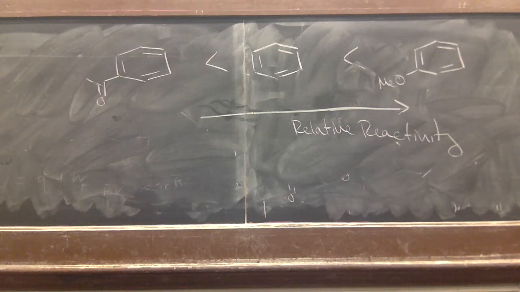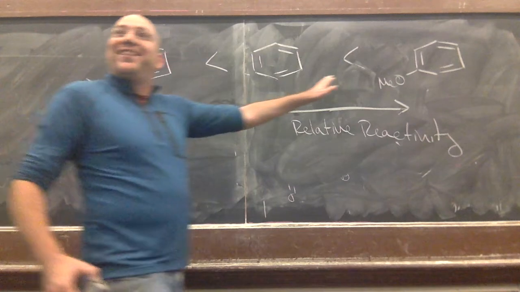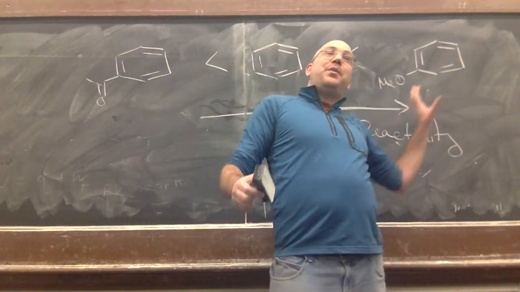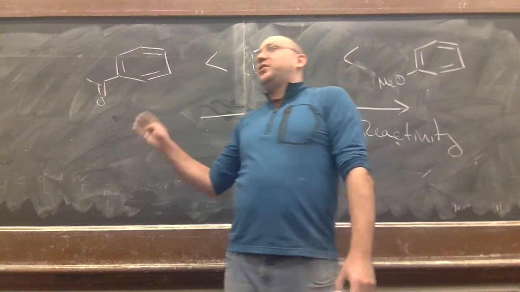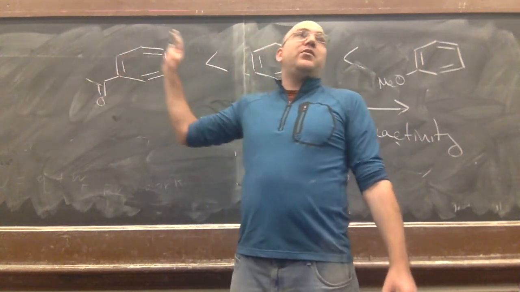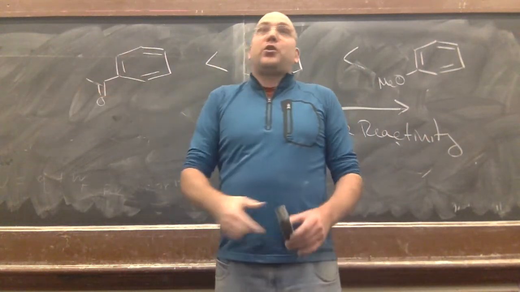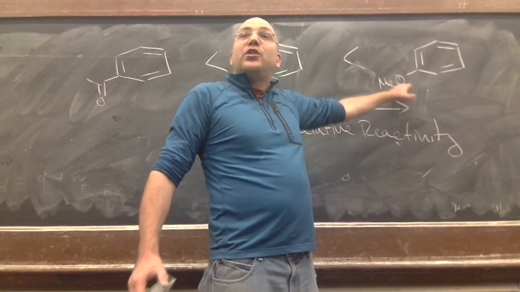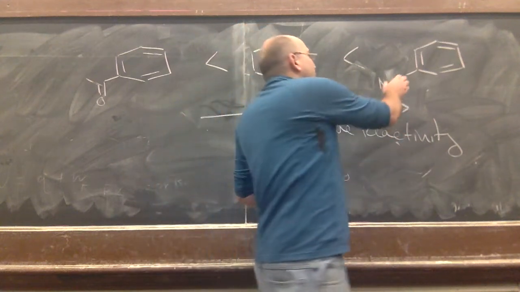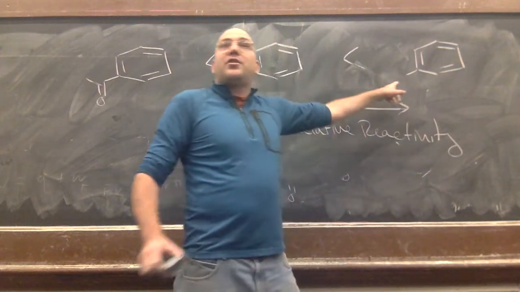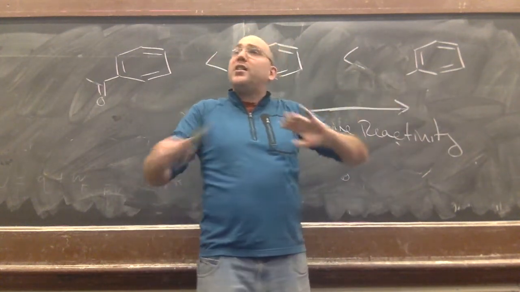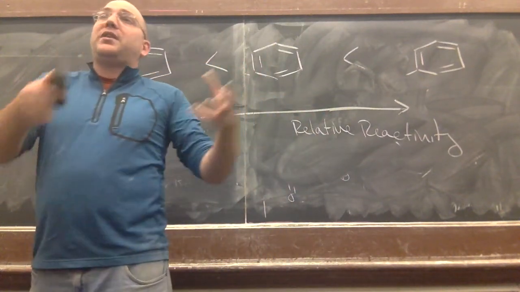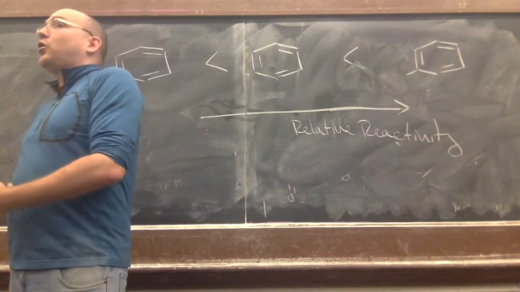And I probably don't have to tell you guys that if it's got a really strong donor group, it's going to be an even better nucleophile. If it's got an even stronger electron withdrawing group, it's going to be even less reactive. So for example, I gave you guys methoxy, that's a really good donor group. A methyl group is also a good donor group, because of that tertiary carbocation you have there. It's not quite as good as the methoxy, but there's a relative effect of what makes a good donor group and what makes a good withdrawing group.